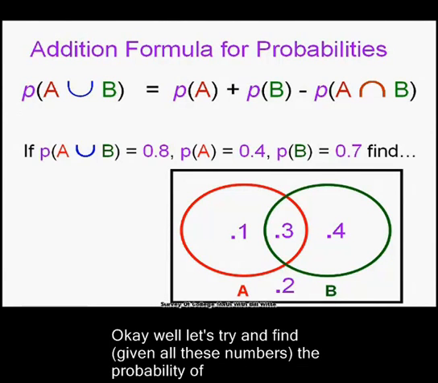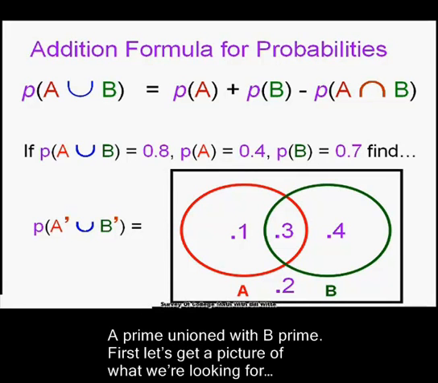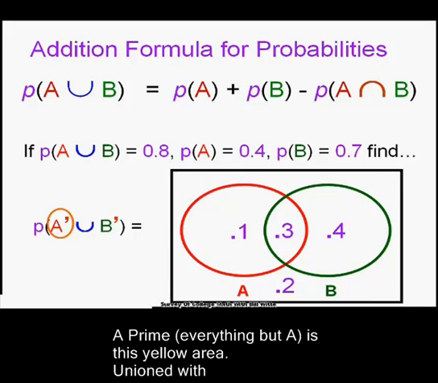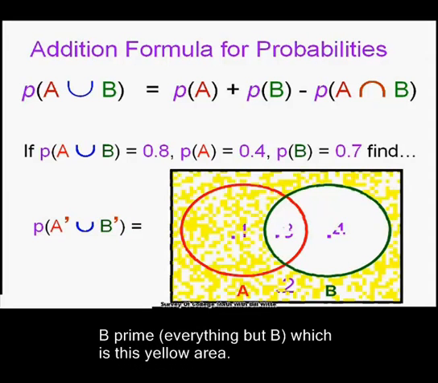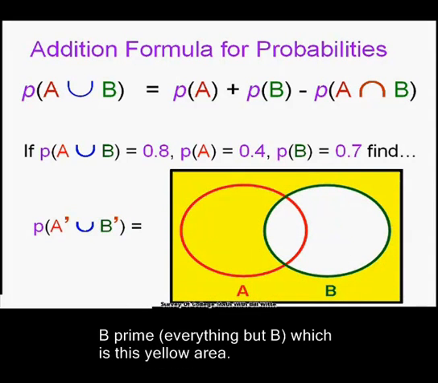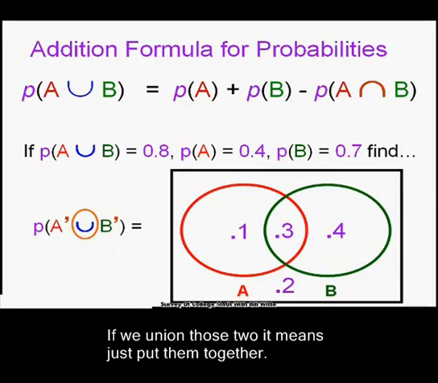Okay. Well, let's see. Let's try and find, given all these numbers, I'm going to save the numbers from last time, the probability of A prime unioned with B prime. Now wait a minute, let's get a picture of this. A prime, everything but A, unioned with everything but B. If we union those two, that means just put them together.